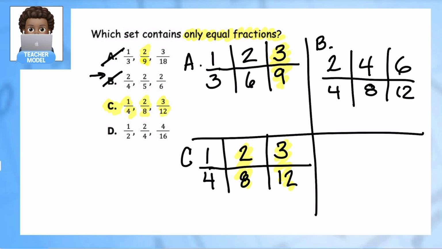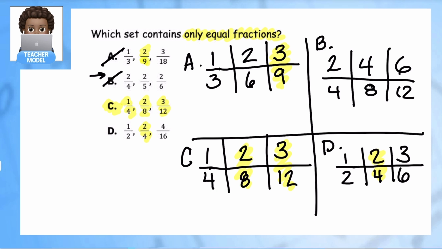And just to make sure with D, let's see. I think the first part is going to go well. Because I know 2, 4, 6, 1, 2, 3. So the first part actually goes really well. This works. But I'm not sure about the 16ths, but they're kind of far.